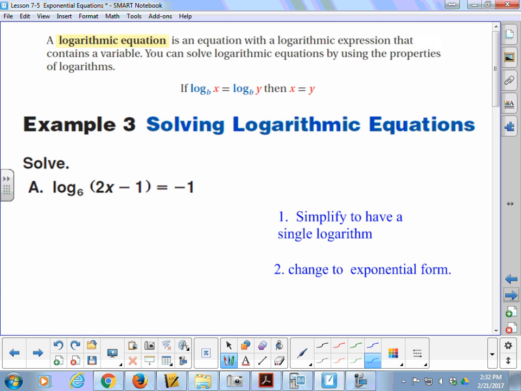This is why it's really important that you can go back and forth from exponential form to logarithmic form. Those exponential problems, you could change to logarithmic form and solve them, or in the logarithmic equations, we can change them to exponential and solve them.